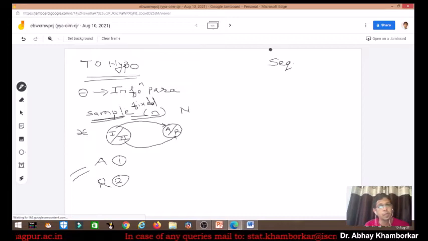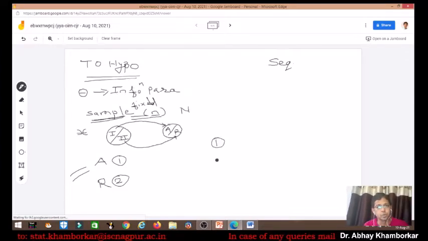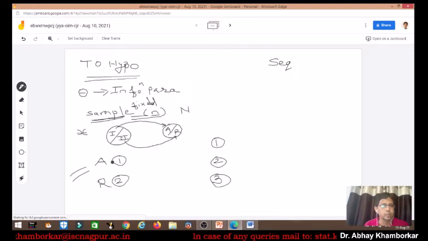In sequential testing, as the name suggests, the first thing is that we are going to test sequentially. The second is that at every stage of this testing, the sample space is divided into three situations. That means three possible decisions that we are going to take, instead of two.